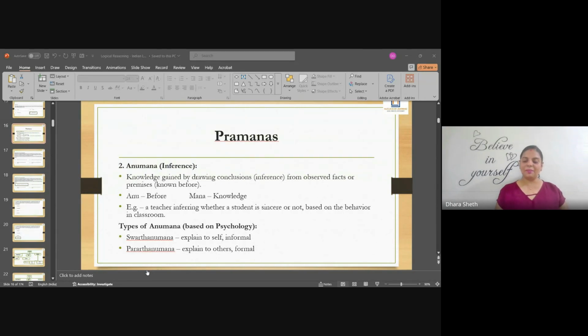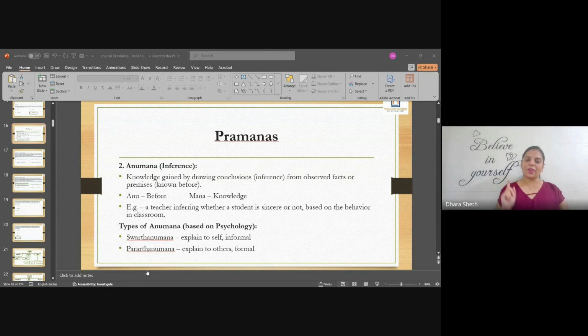Ice cream means celebration for me. So in order to celebrate, I want to do this. This is really important for me. It would make me happy. I'll ensure that I will not get cold the next day. Something of that sort. I'll have to give him a long, proper, structured explanation. Pararth Anuman. For others, it is a formal explanation.